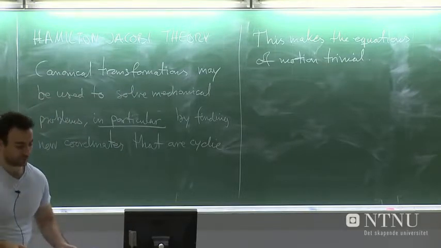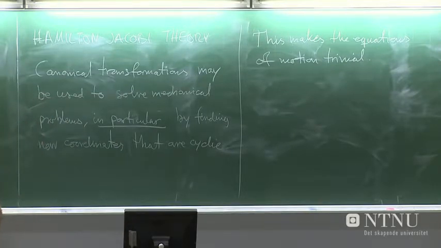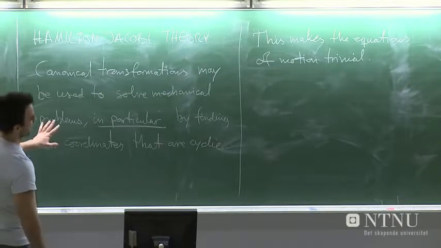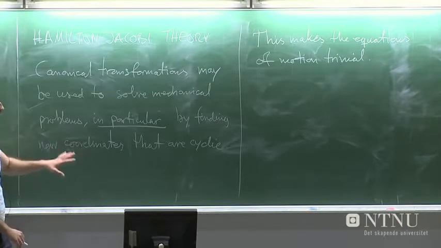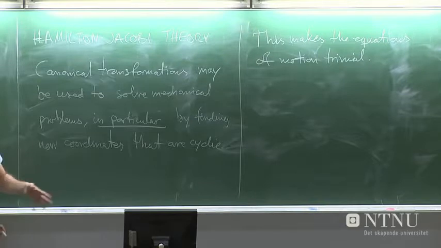We discussed a bit the previous time the purpose of canonical transformations. And we stated that they serve at least two important purposes. We've written here that canonical transformations may be used to solve mechanical problems, in particular by introducing a new set of coordinates which are cyclic in the new Hamiltonian.